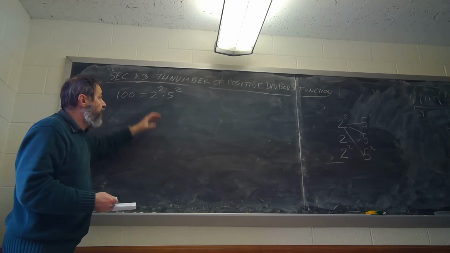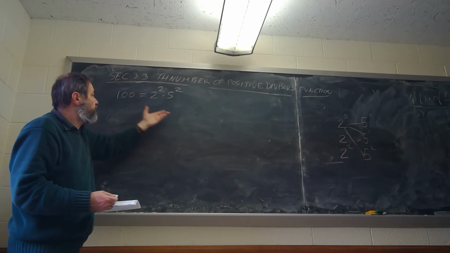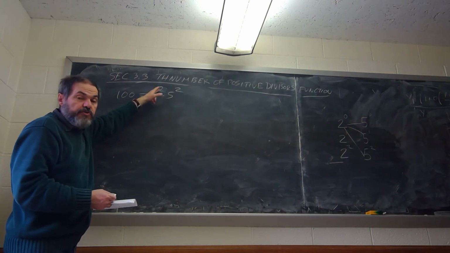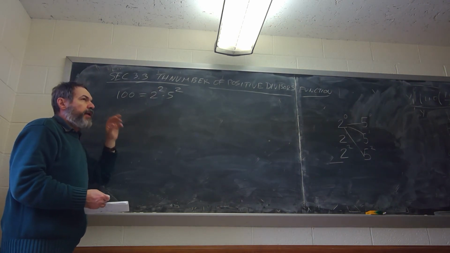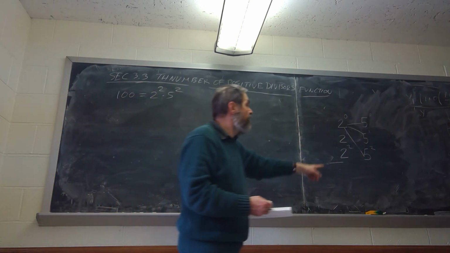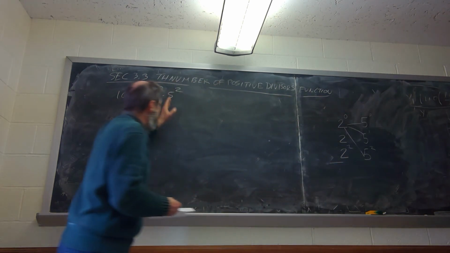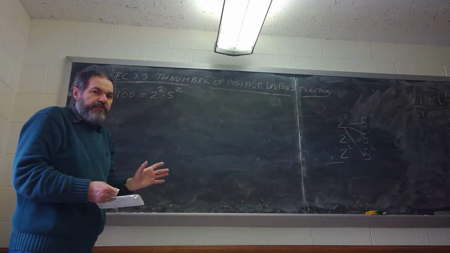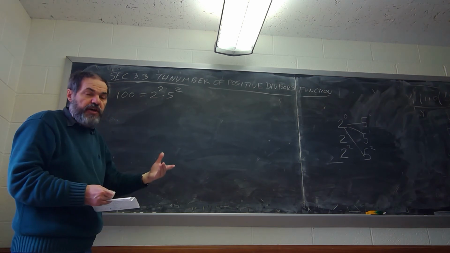But provided the power of 2 is not larger than 2 squared, like 8, 2 cubed. 8 is not a divisor of 100. 4 is, this is 2 squared, and 2 to the 1 and 2 to the 0. So the only possible powers of 2 in a divisor are 2 to the 0 or 2 to the 1 or 2 squared. The same for 5, just because I have a 5 squared in here. Possible powers of 5 in a divisor are 5 to the 0, that's 1, 5, and 5 squared.